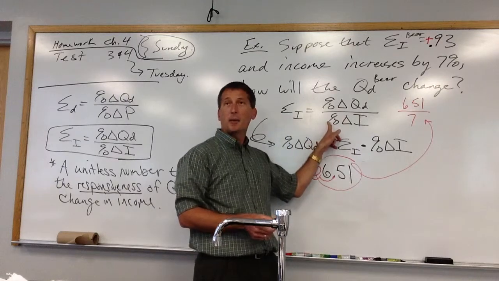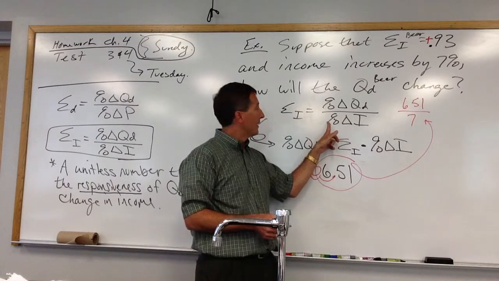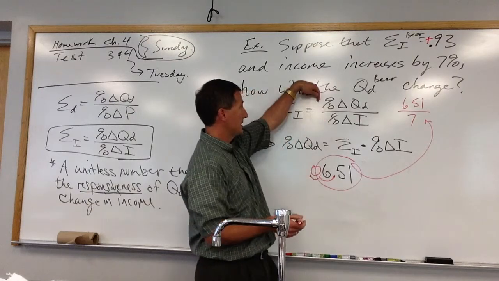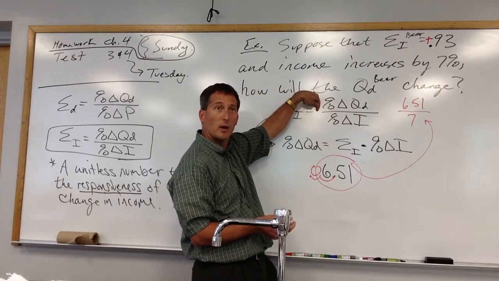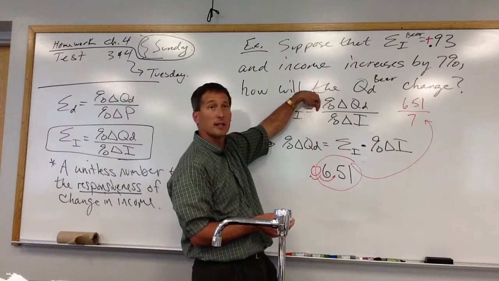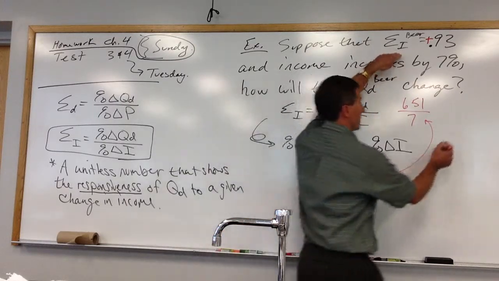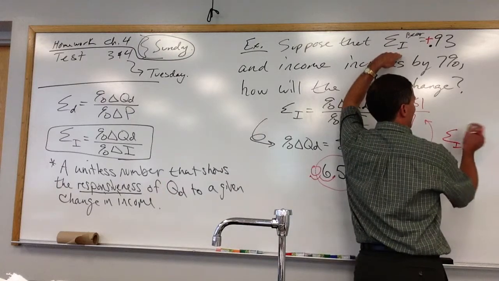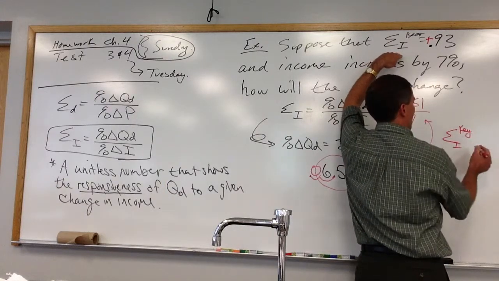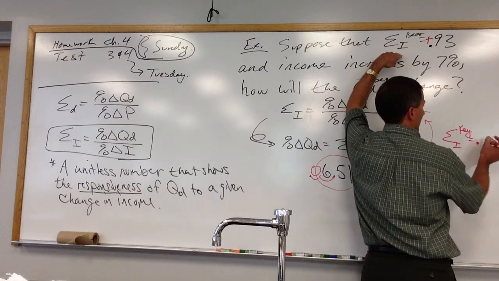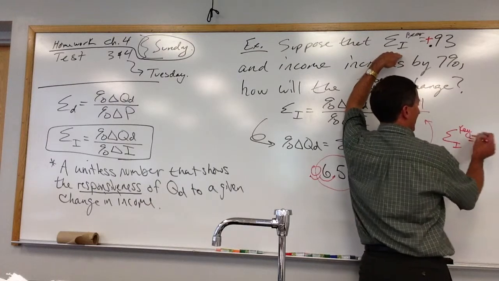If we had been talking about Keystone Light, then possibly an increase in income causes a decrease in the quantity of purchases of Keystone because it's an inferior good. If that's the case, then maybe the income elasticity for Keystone here would have been, I don't know, negative 0.46.